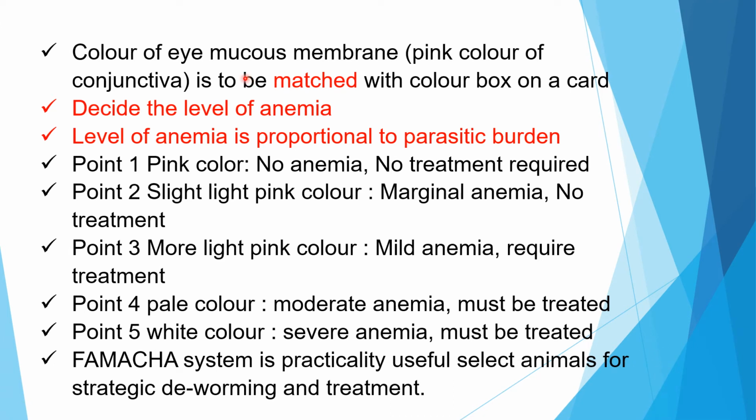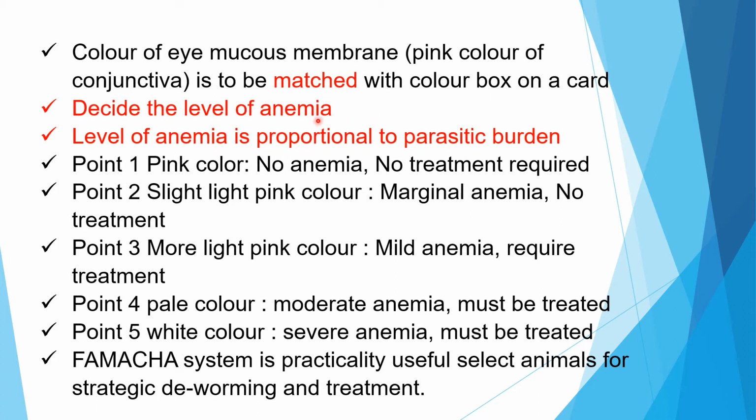Continuing with the FAMACHA card system. The color of the eye mucous membrane is pink. The pink color of the conjunctiva is to be matched with the color of the boxes on the card, and this will help you decide the level of anemia in the animal, especially sheep.